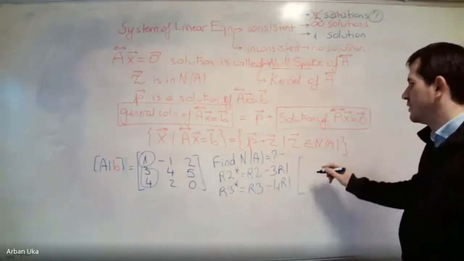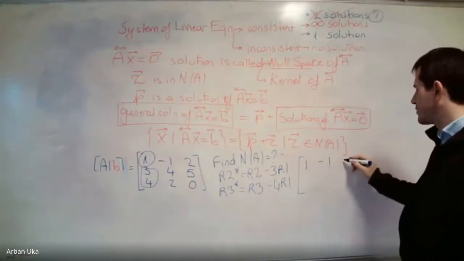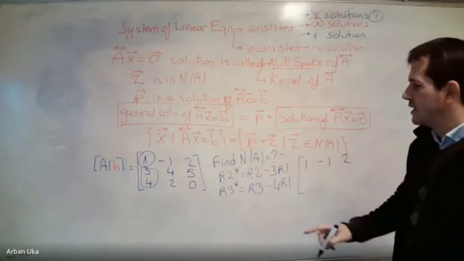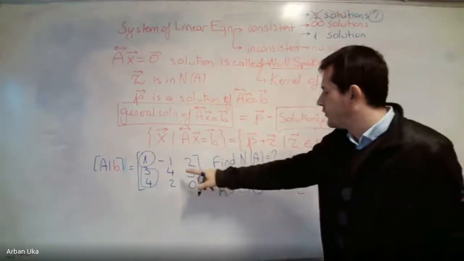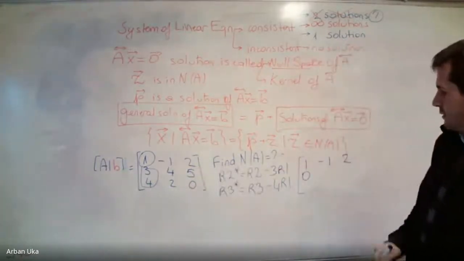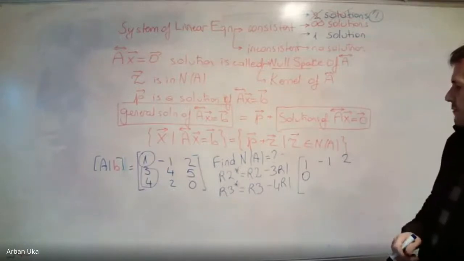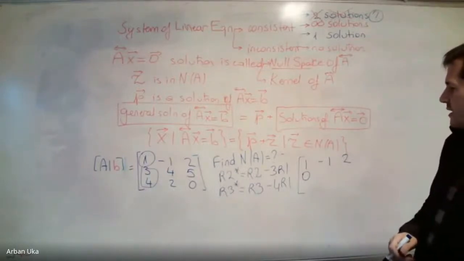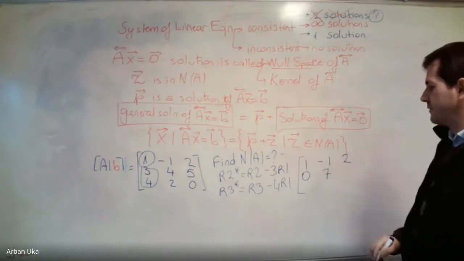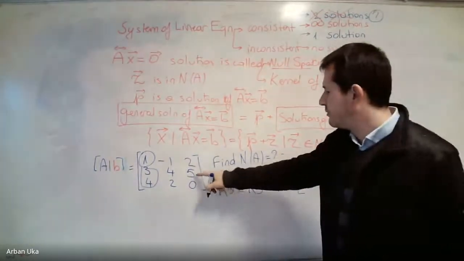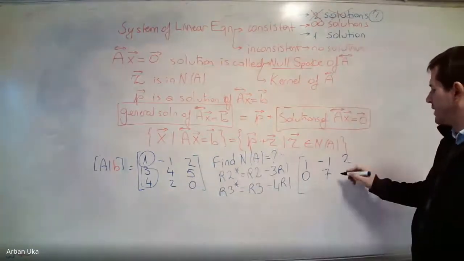Let's see what we obtain. So we have 1, -1, 2. Then we have 3 minus 3, we get 0. Then we have 4 minus 3 times row 1. That means it's 7. Then we have 5 minus 6, we get -1.